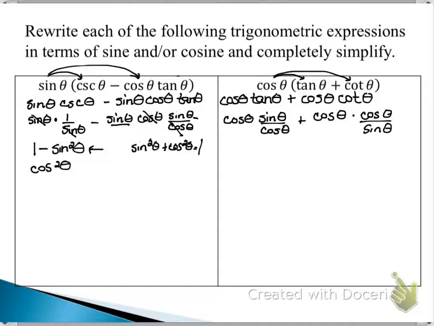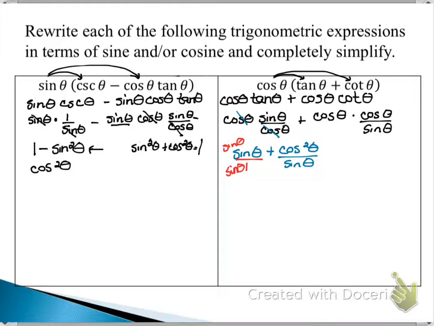So if I were to go ahead and simplify here, these would cancel, and we have sine theta plus cosine squared theta over sine theta. And so our fraction trick, if we put this over 1, then we're going to be multiplying sine theta here and sine theta here to get the common denominator.